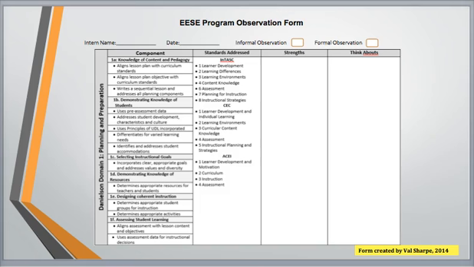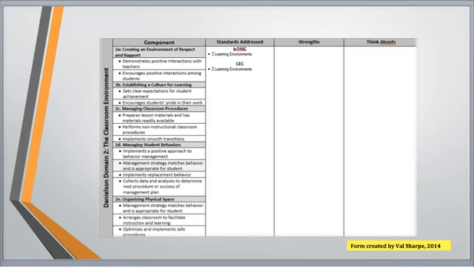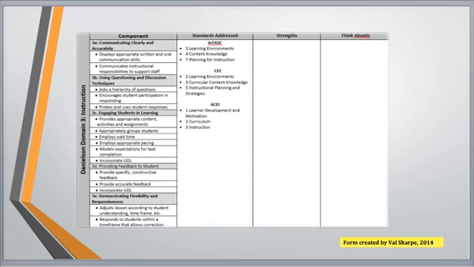This is the program observation form for Domain 1. This is the program observation form for Domain 2. This is the program observation form for Domain 3.